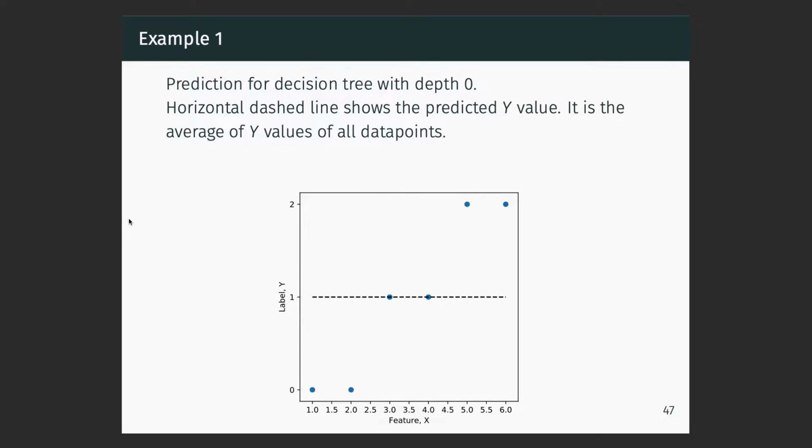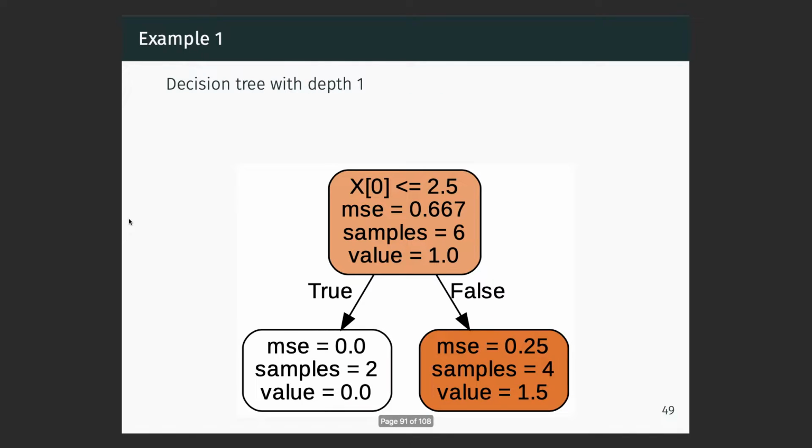So the question is, why is it not a good split? Because then the error on prediction would be, or there will be more standard deviation amongst the partitions. So we continue with the same set of motivation. A depth 1 tree turns out to be something like the following. You split x on less than or equal to 2.5.